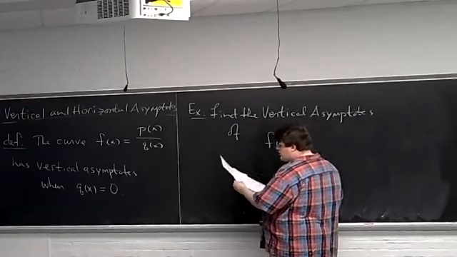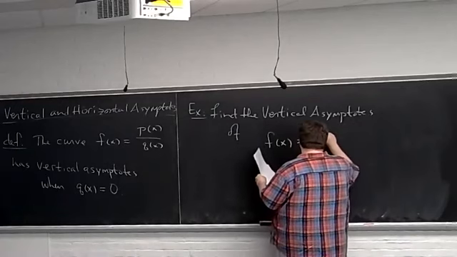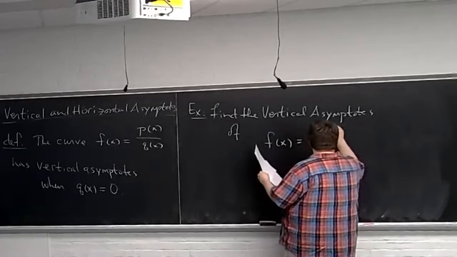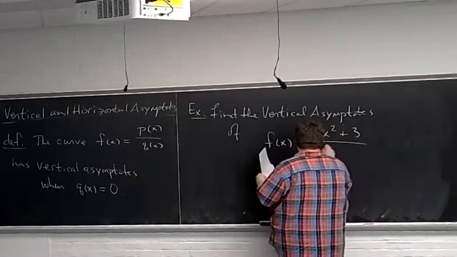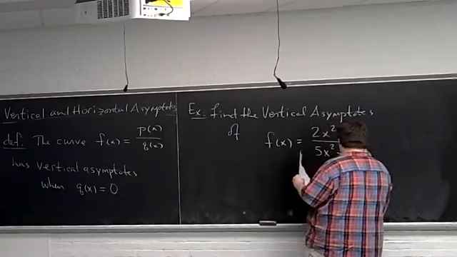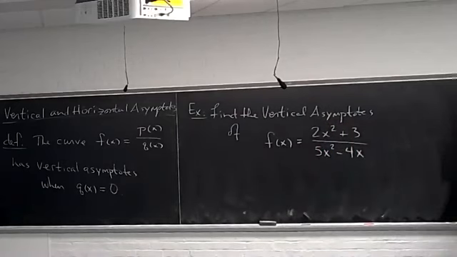We're going to see this curve in a few moments too. Well, this rational function, I should say. We're not going to actually look at the curve. So let's first find vertical asymptotes of this function.